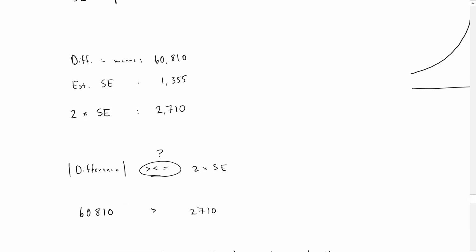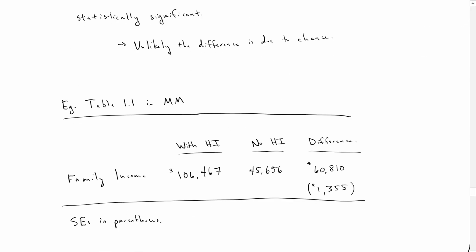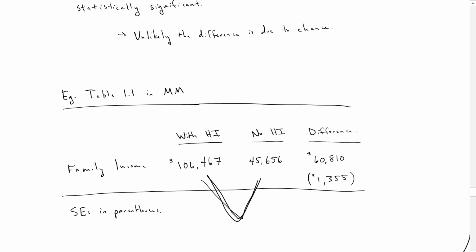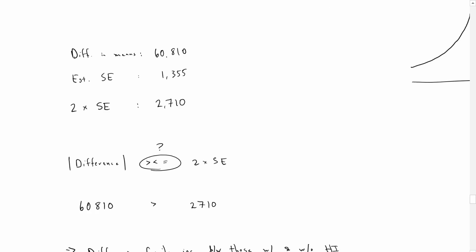So with the difference being larger, it is not just chance that these incomes are different in normal observational data.